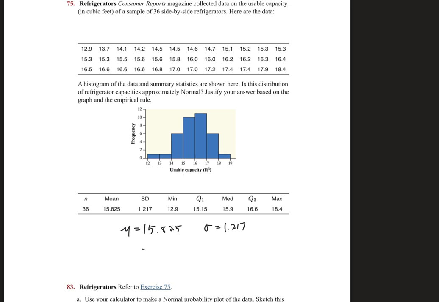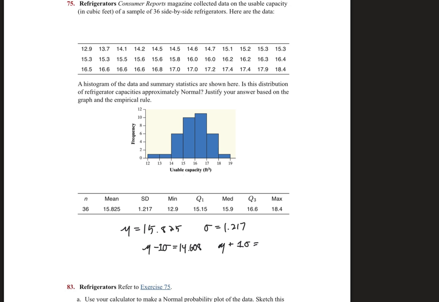So let's look at the mean minus one standard deviation, and then the mean plus one standard deviation. So we'll do 15.825 minus 1.217. That's 14.608.